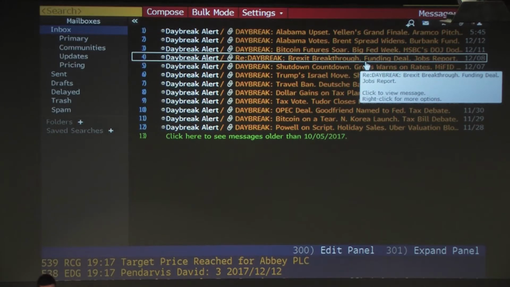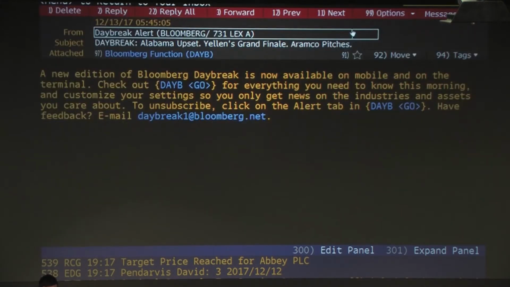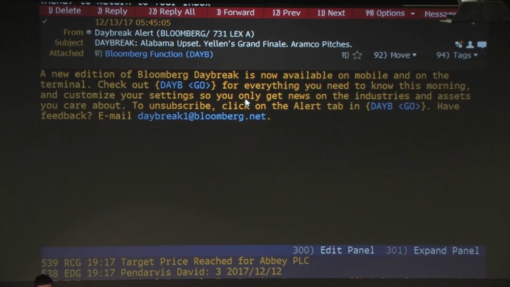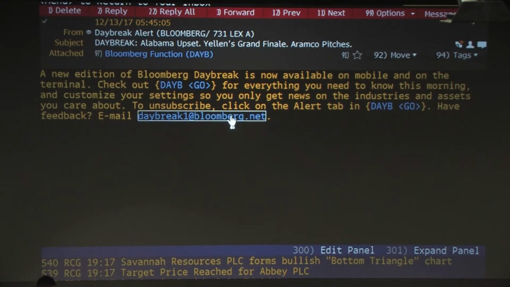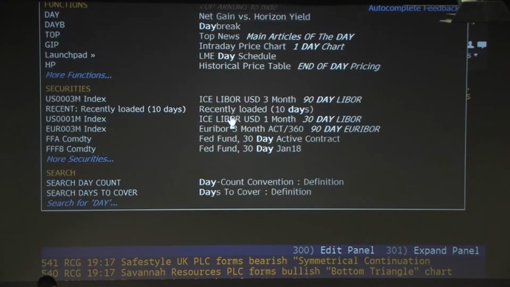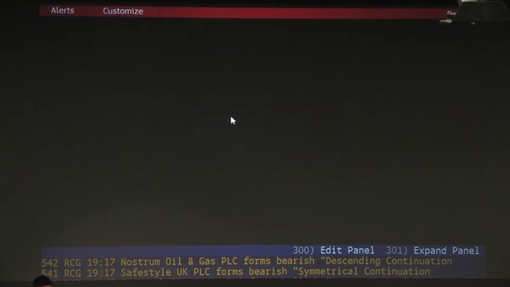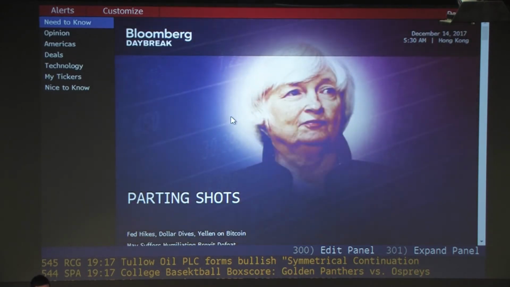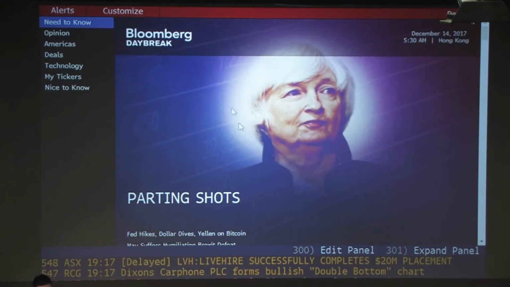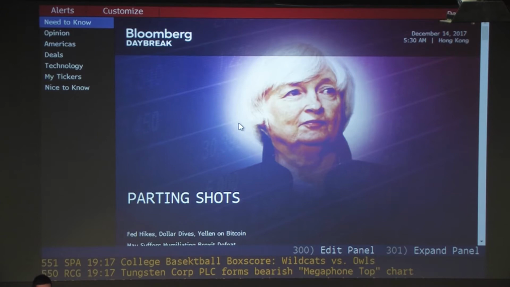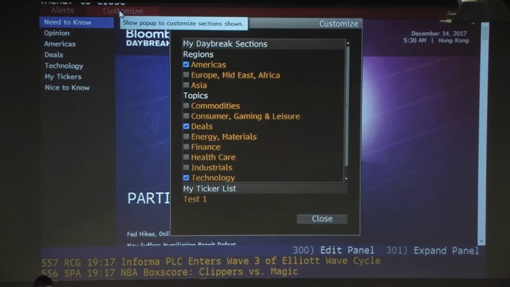So if you wanted to change this Daybreak Alert, it's saying go to the daybreak function. So it actually tells you the function. If we write the daybreak function and then hit the go key, it'll allow us to customize the stories we get on a daily basis. Today it's talking about Janet Yellen and her final words because she's about to leave the chairmanship of the Federal Reserve.